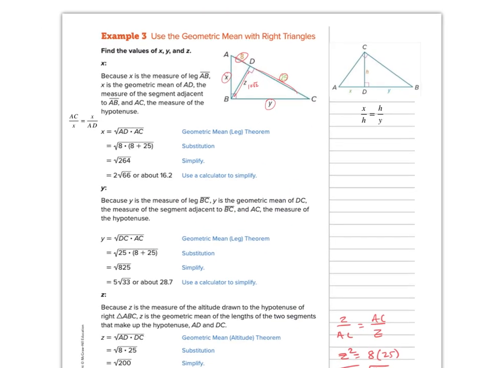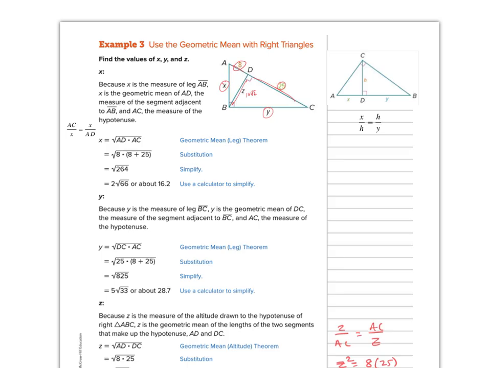Now, in this case then, if you look at this triangle, in order to solve for y, y represents the hypotenuse. This would be DBC, and I know that DB is 10 square roots of 2, and DC is 25.